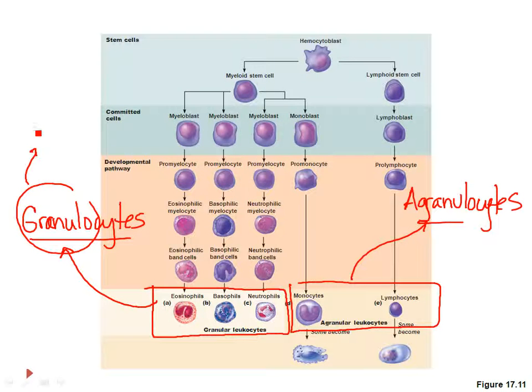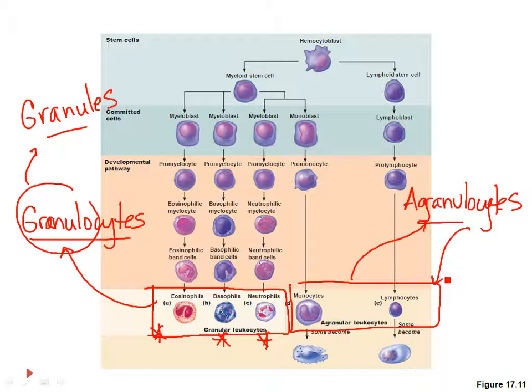Granulo is referring to granules, which are basically membrane-covered bags of chemicals that are important for immune system function. The granulocyte type white blood cells that you see here, their cytoplasms are filled up with numerous granules that contain these very potent, powerful chemicals that are important for your immune system function.